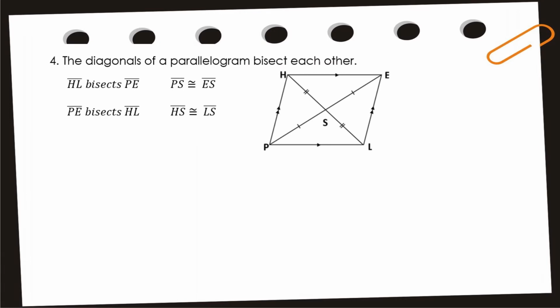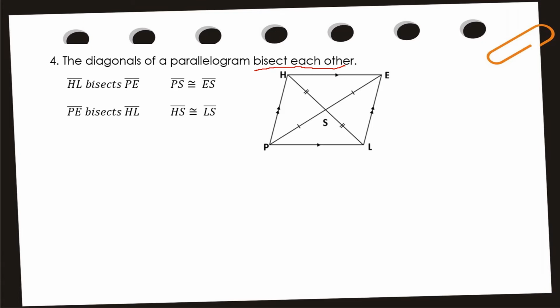Fourth property of a parallelogram. The diagonals of a parallelogram bisect each other. So if HELP is a parallelogram, it means that diagonal HL and diagonal PE bisect each other.